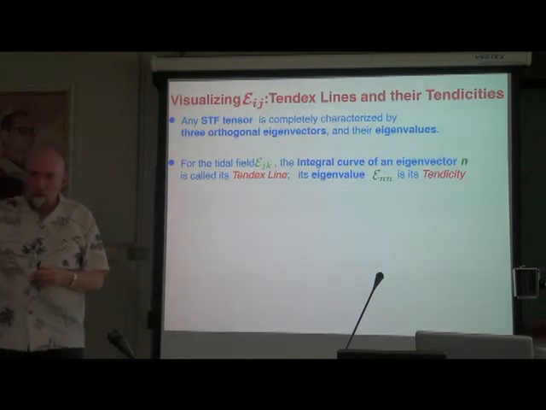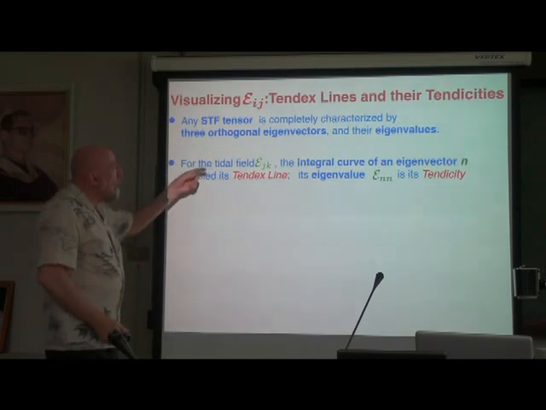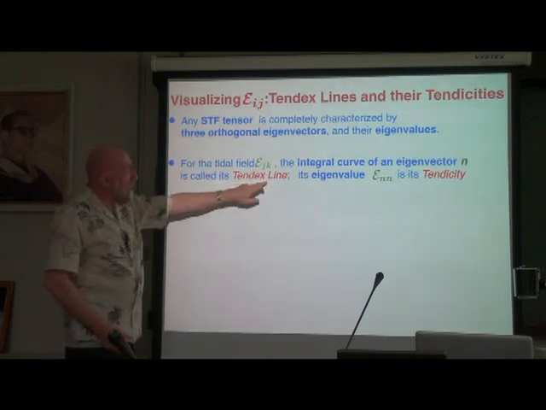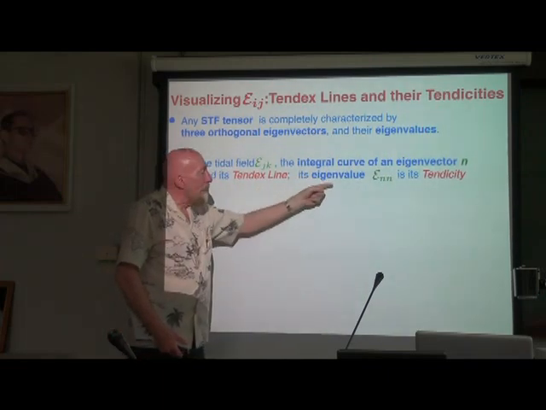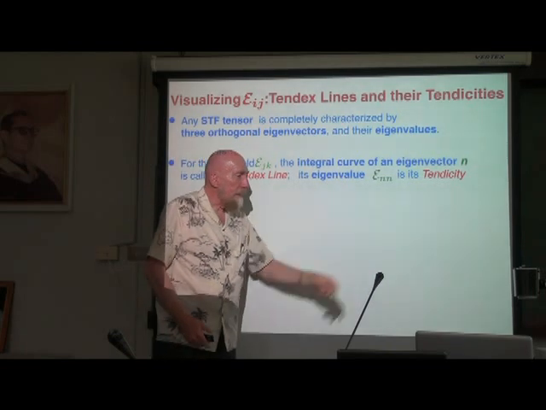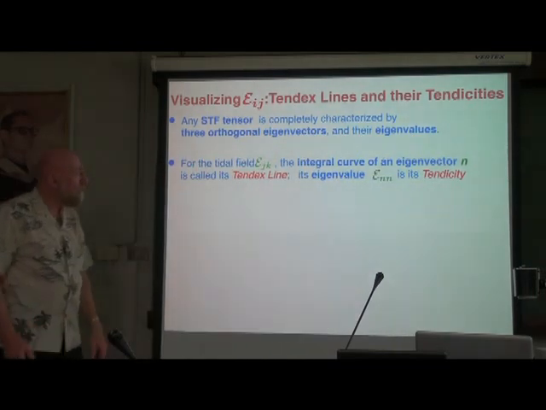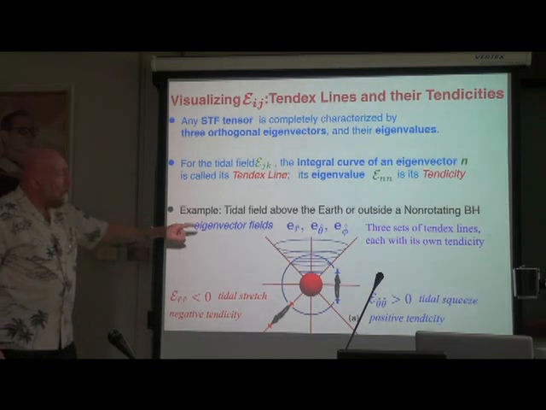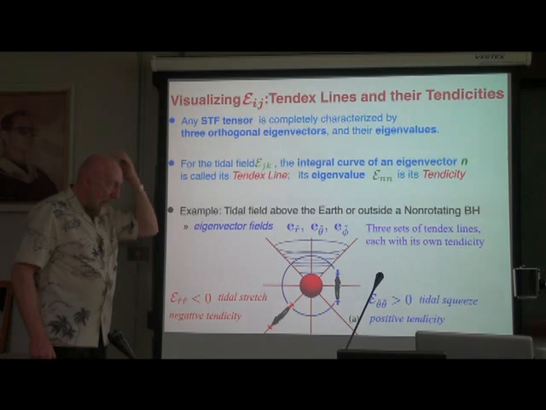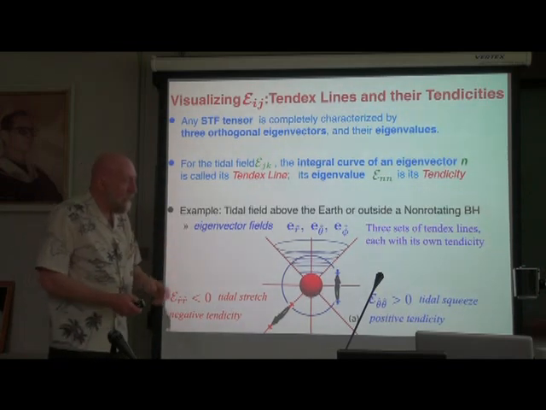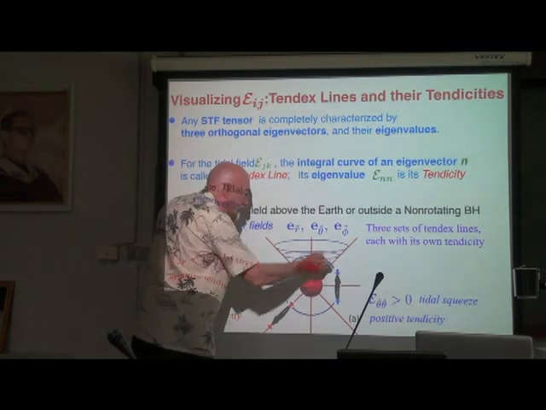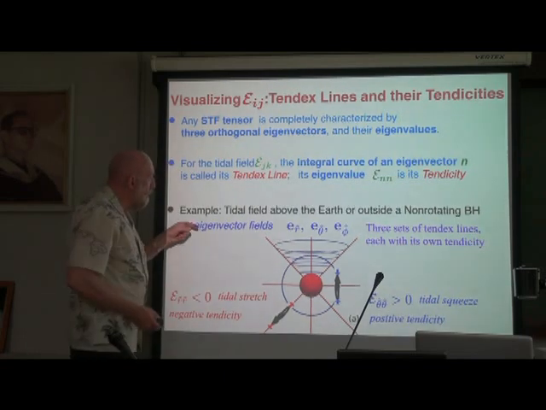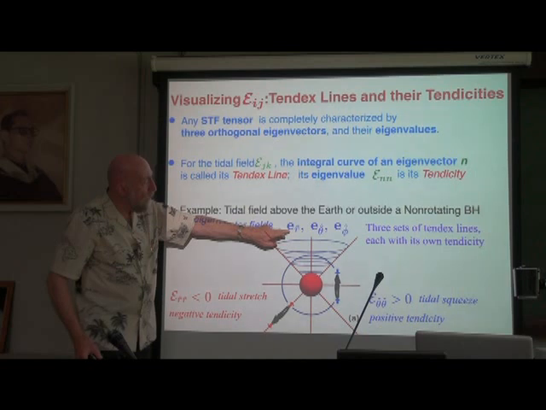It's the curves that are tangent to this vector. We call this a tendex line. Tendex comes from Latin. Tendere means to stretch. The eigenvalue associated with this is called the tendicity of this field line. For example, the Earth has a set of tendex lines, three orthogonal families of tendex lines. There are these red lines that are tangent to the eigenvector, which is the unit radial vector.